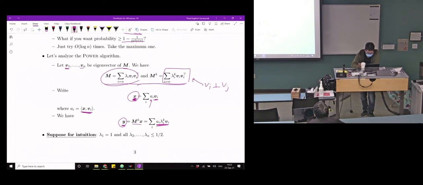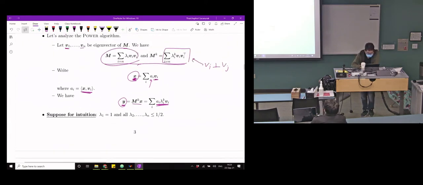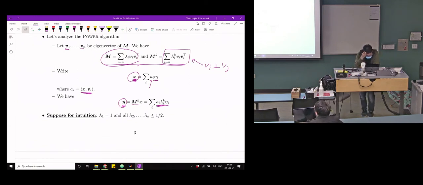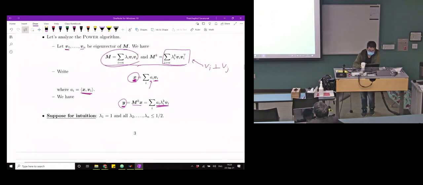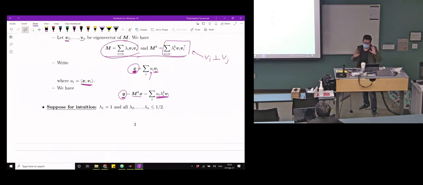Now let's try to analyze it a bit. Suppose for intuition, suppose this will not be true, but suppose that lambda_1, the first eigenvalue, is big, is 1. And the rest, the smaller ones, are all significantly smaller, less than half.